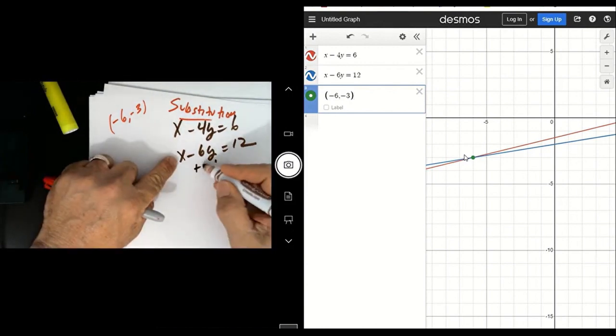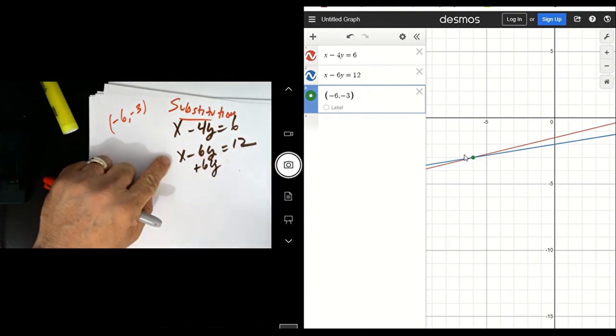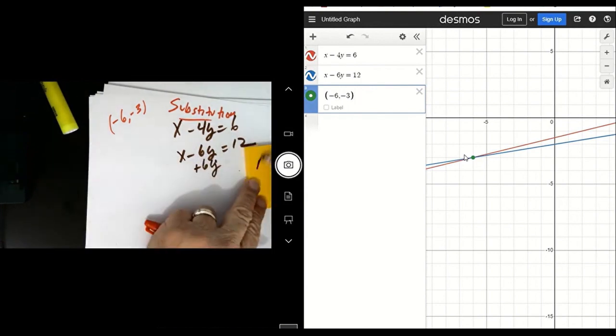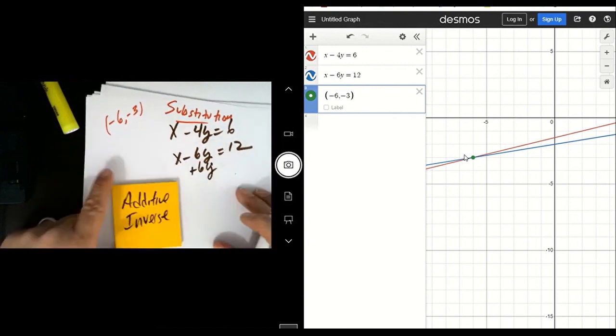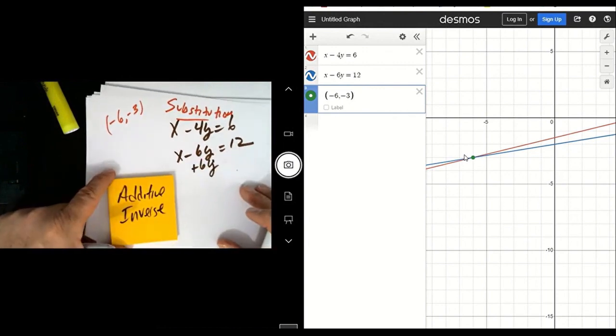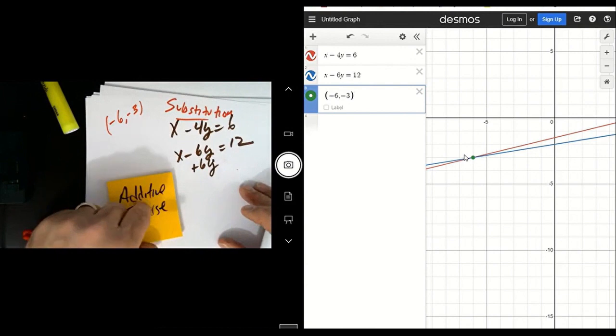What am I saying? So we're going to take this bottom one and we're going to solve for x. So we got to add 6y, which is what? It's called the additive inverse, right? Got to get this terminology down. Additive inverse, which means we add the opposite to make it 0, right? That's what we've done.